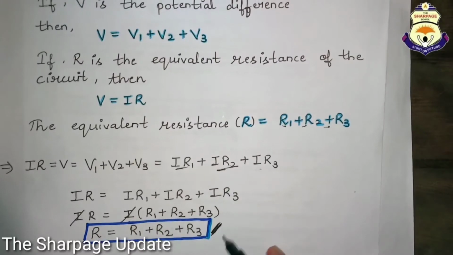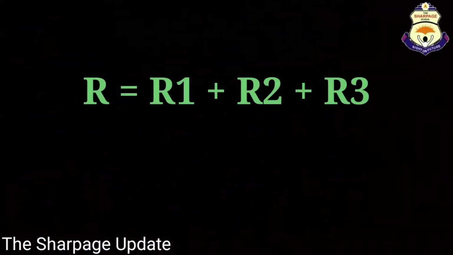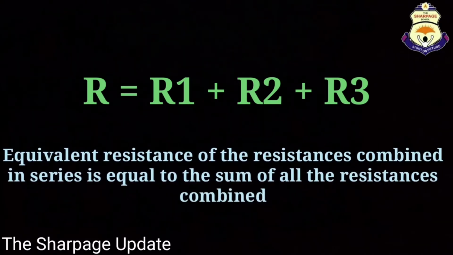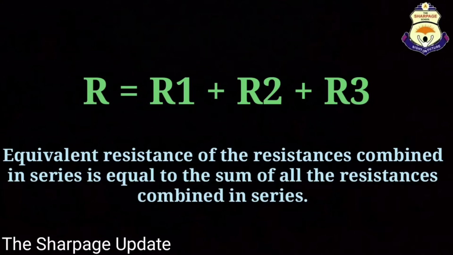So R equals R1 plus R2 plus R3. So for a series combination of resistances, the equivalent resistance is equal to the sum of all the resistances combined in series.